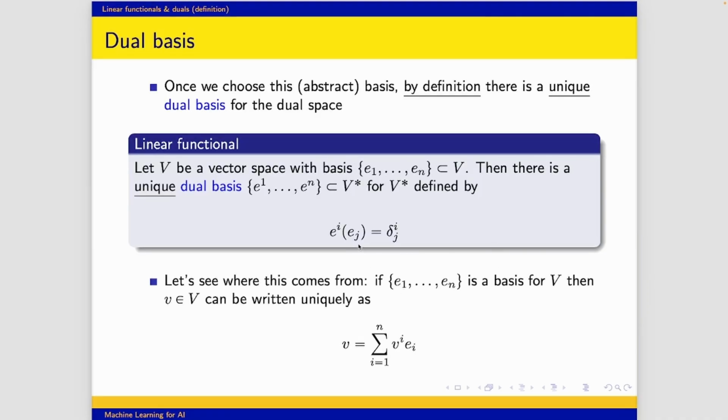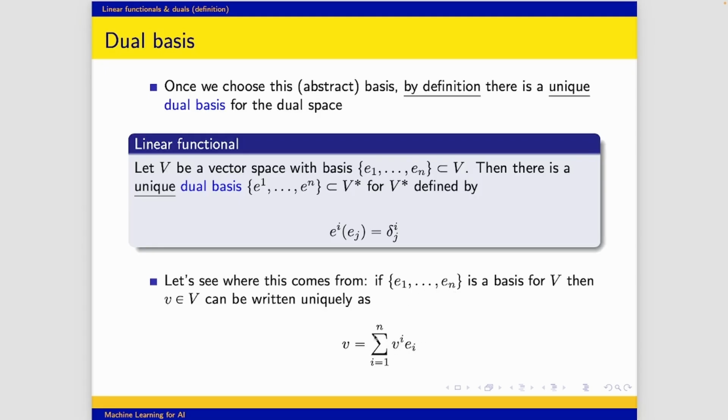Okay, so this might seem weird. So let's see why we do it this way and where it comes from. So let's say we have chosen this basis. So let's fix a basis. Remember, bases are not unique. So let's fix a basis. Let's say we've chosen this basis for V. Then we know that we can write any v like this as a linear combination of these basis vectors.